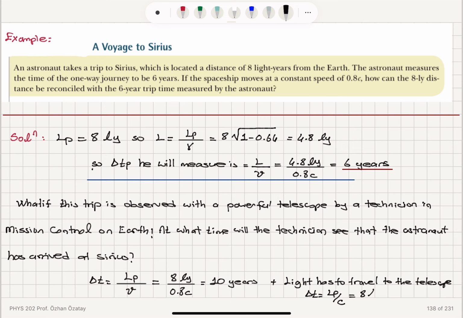So we have 8 light years proper distance divided by c, that will take 8 years. So the detection will occur in 10 plus 8, 18 years. So the technician sees the arrival in 18 years. Okay, because now we're looking for light that comes from Sirius to the telescope, which is going to tell us that this person has arrived in Sirius. So the answer will be 18 years.